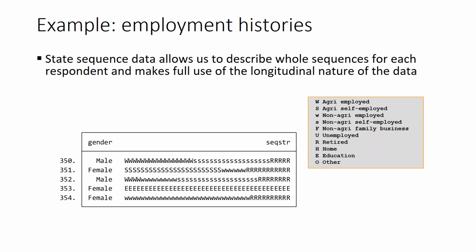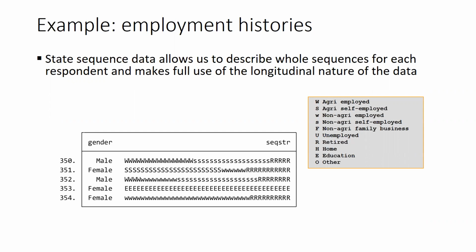For the first person, this is number 350 in the data set. He is male and he was employed in the agricultural sector. Then later on, he becomes self-employed in the non-agricultural sector, and then he retired. The woman we have next was self-employed in the agricultural sector.